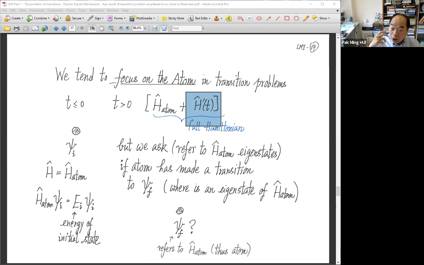Now, by logic, it means the following. Any transition to some other state must be due to this light-matter interaction term, right? Because the logic is, if it were not there, the eigenstate will stay forever, okay?